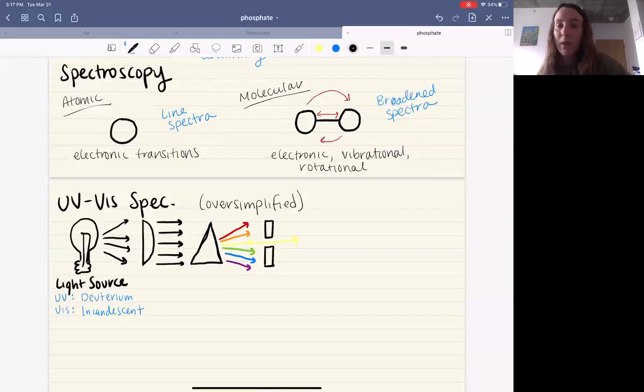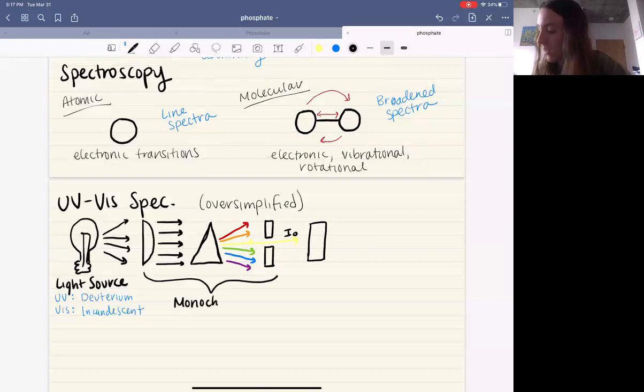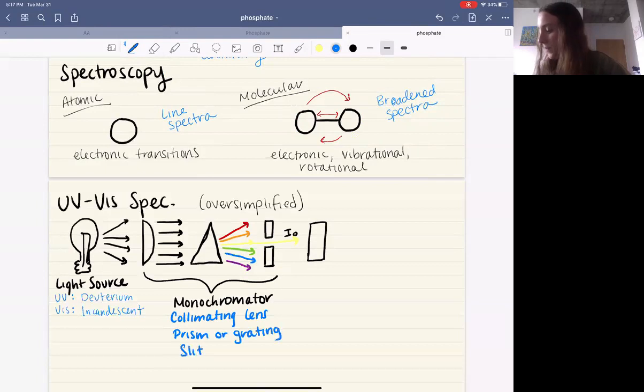Okay, so here we are. We have a specific wavelength of our lamp with some intensity I0, and we send that through our sample. Let me just specify here, go back real quick. All of this is a monochromator, composed of a collimating lens, a prism or a grating, and lastly a slit.